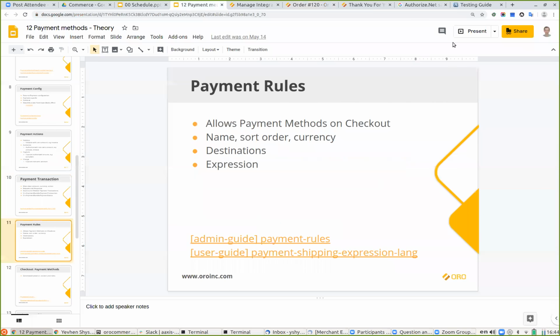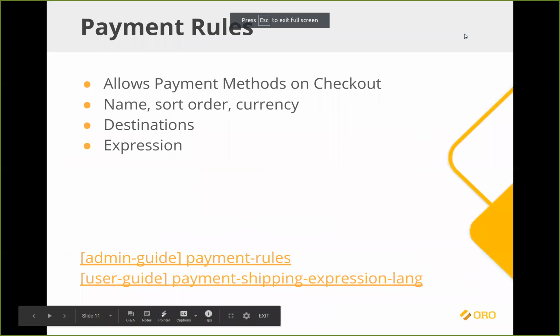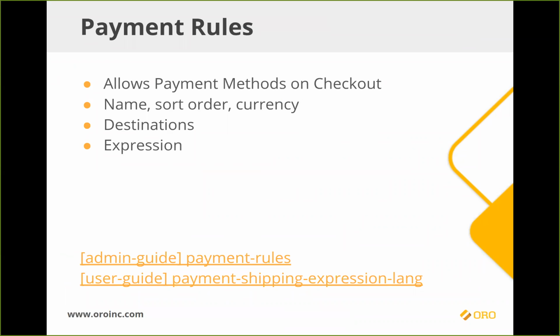Now let's talk a little bit about the payment rules. Payment rules is the entity which connects together payment method and checkout. So every time you want to add your payment method to the checkout, you must not only create the payment method itself, but you also have to create a payment rule, which will tell when and how this payment method will be used.